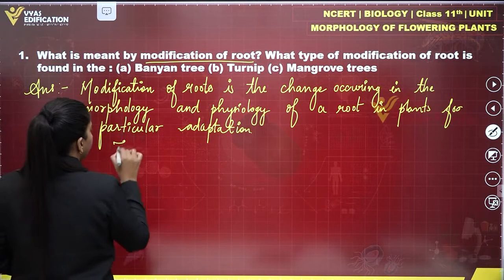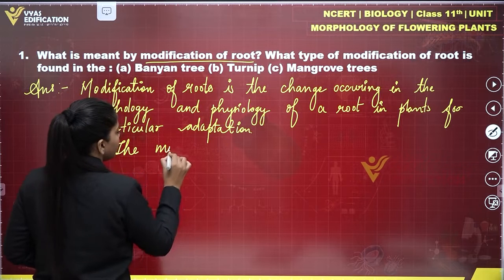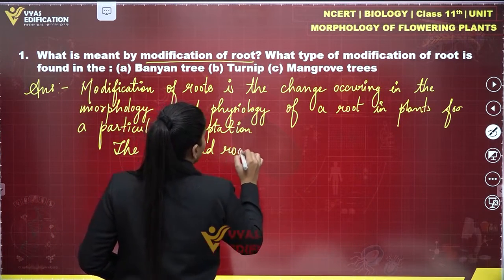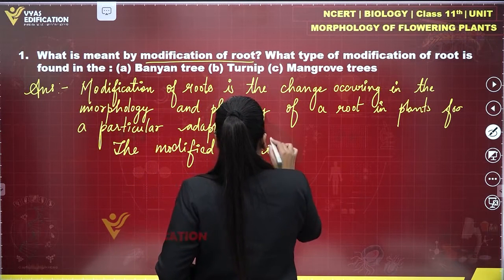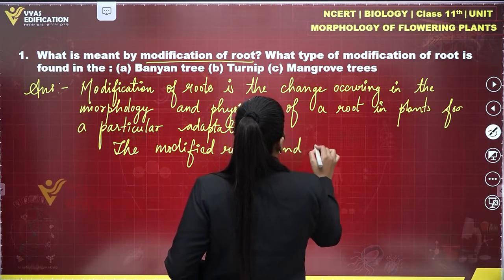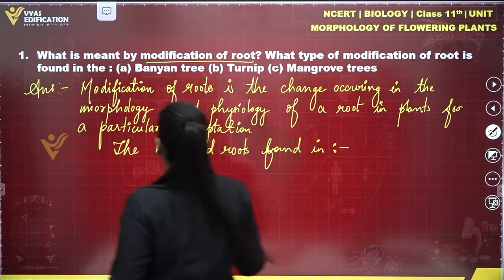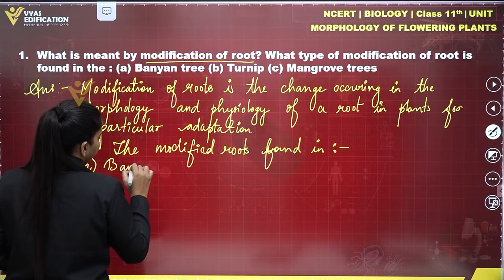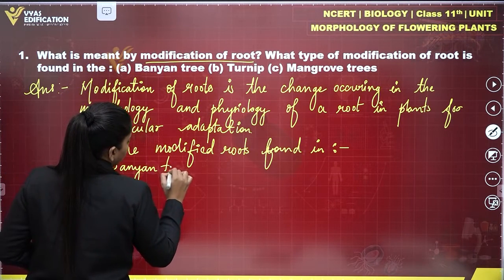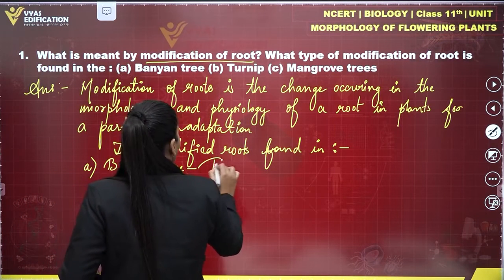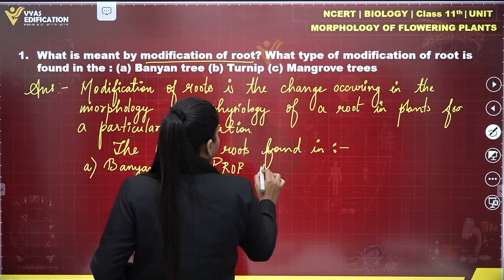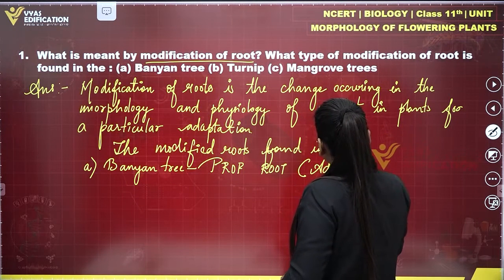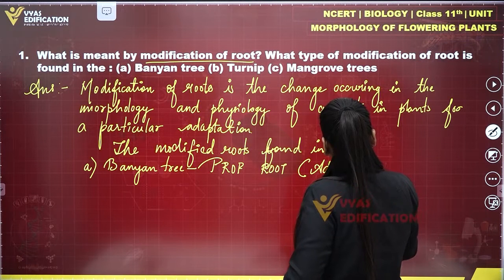So first of all, we will write the modified roots found in banyan tree is prop root, which is a kind of adventitious root.